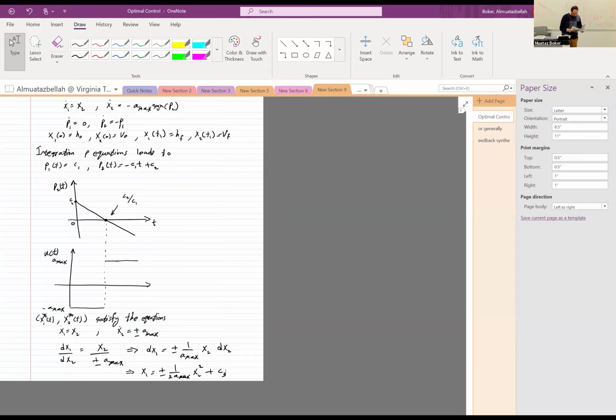So the cost function here is this one. Yeah, I need to double check that. Yes, that's right.